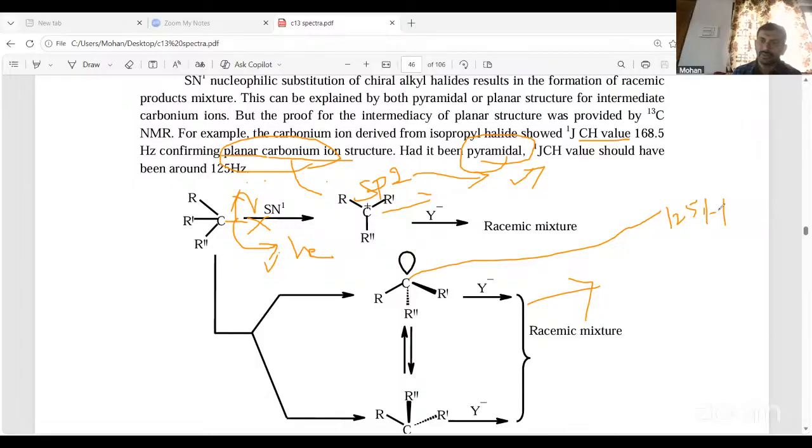The J value is measured in hertz here. J is a coupling constant. The unit for the coupling constant is hertz, and the unit for the chemical shift values is ppm, parts per million. So wherever you observe hertz here, it is indicating the J coupling constant.